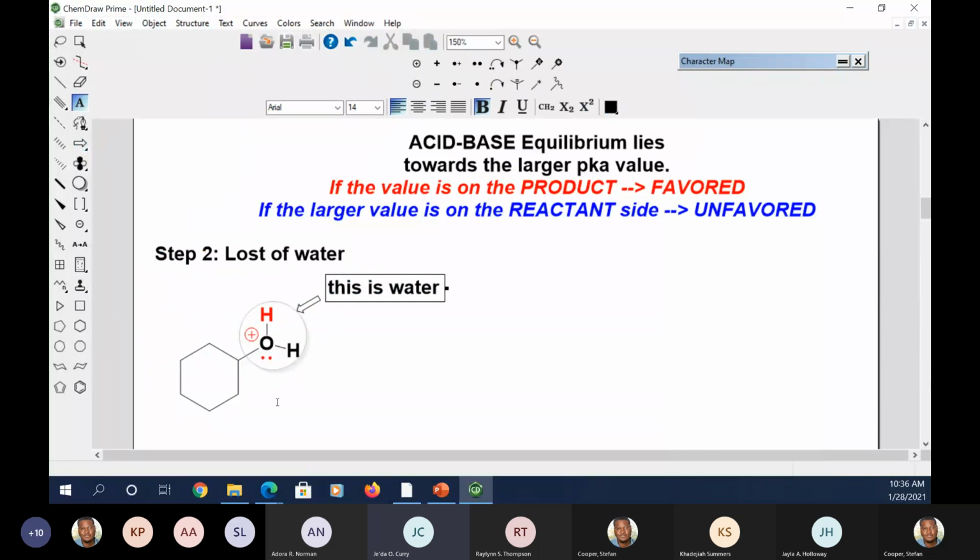I'm going to say it looks like water because I'll give you the official name here. Whenever I have this positive oxygen species, these things are known as oxonium ions. And this oxonium ion can lose water.